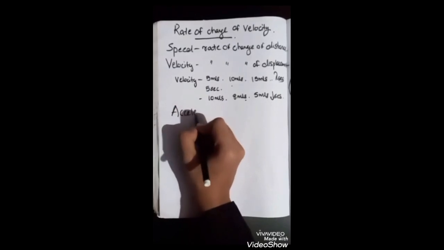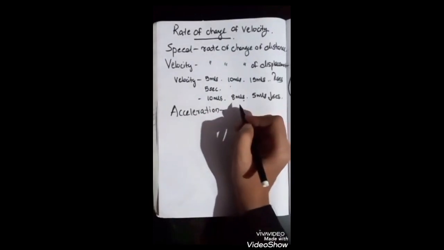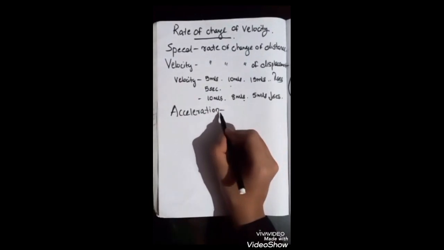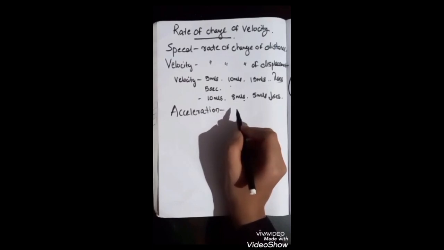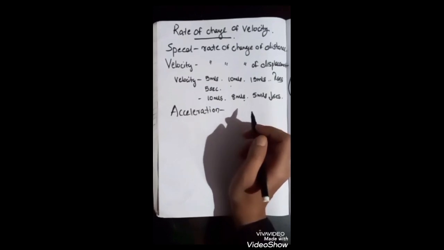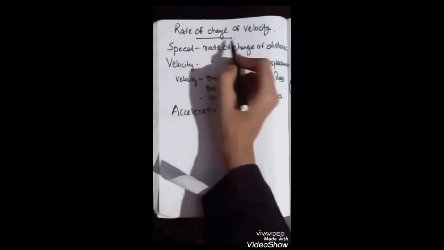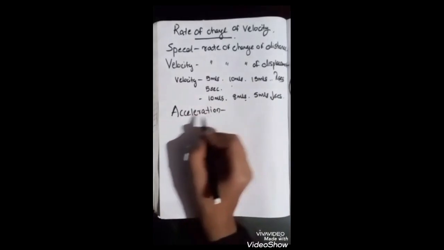This is a new term for you. Acceleration is a physical quantity which determines how much amount the velocity of a body changes in unit time interval. Or simply we can say the definition of acceleration is rate of change of velocity.